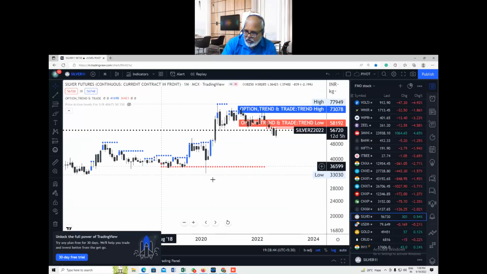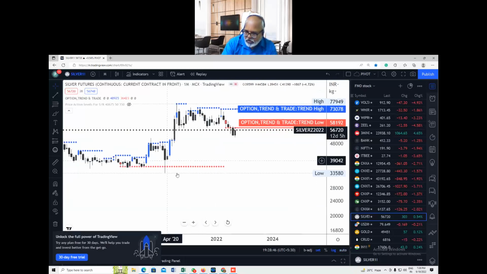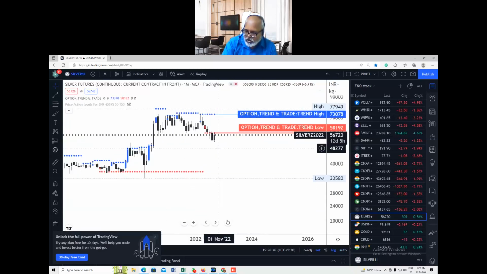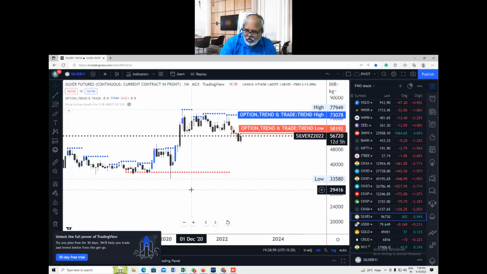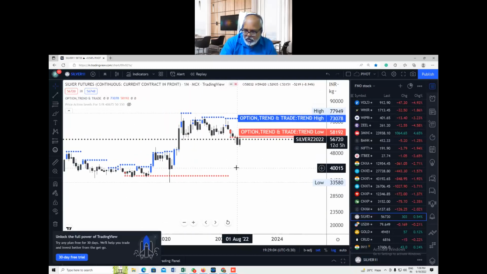There is only a small red candle. It's not that the market will not come down, but whenever the market comes down, it's a good opportunity to buy. Now, since this is available only for a shorter period, that is the reason why it is not showing you mini data. But overall, you can see that the red candles that are coming here are less, and this is the indicator that we have developed.